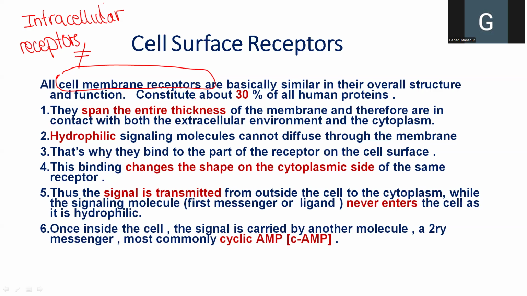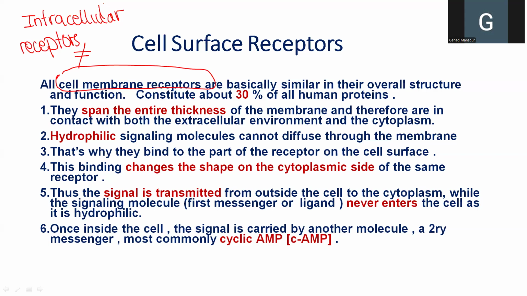The intracellular receptors can bind to signaling molecules just like the cell membrane receptors can. But the majority of the receptors are on the cell membrane, and they are basically the same in their overall structure.